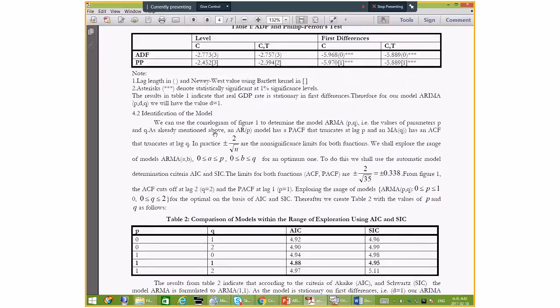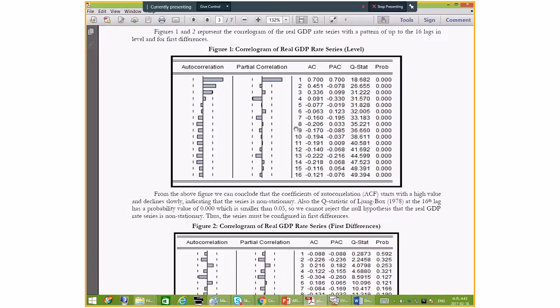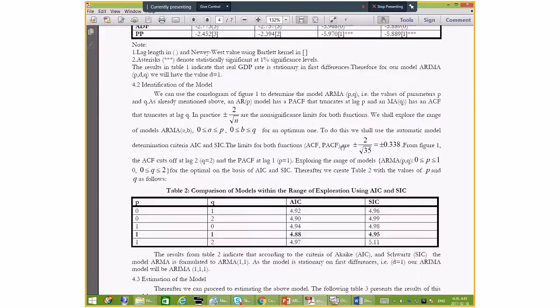We can use the correlogram of figure 1 to determine the autoregressive moving average model, to determine P and Q. That means the value of the parameter P and then the value of the parameter Q. As already mentioned, an AR(P) model has a PACF that cuts off at lag P, and an MA(Q) has an ACF that cuts off at lag Q. In practice, plus or minus 2 over the square root of the sample size are the non-significance limits for both functions.